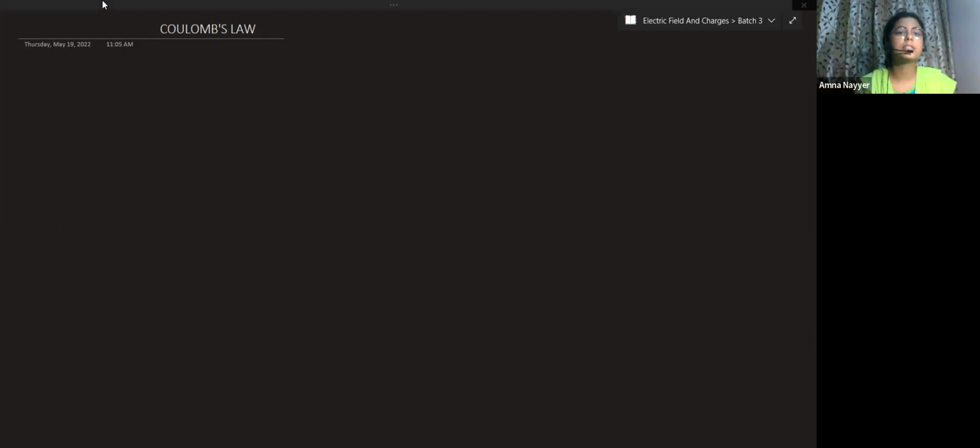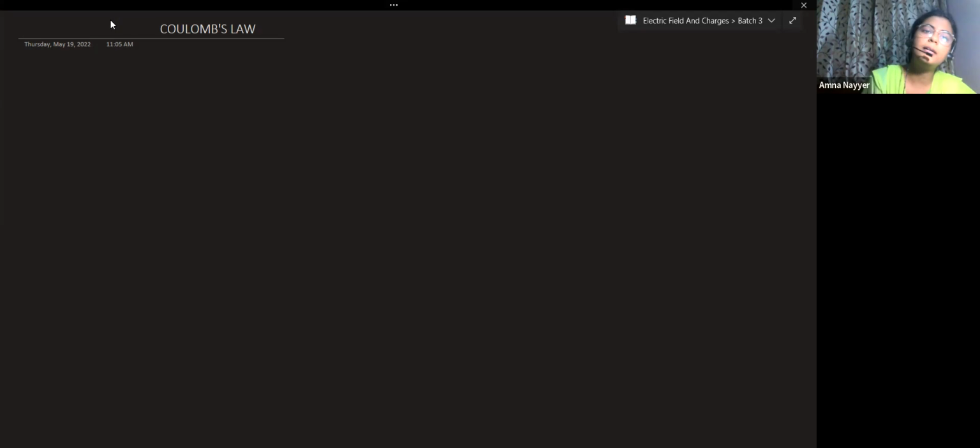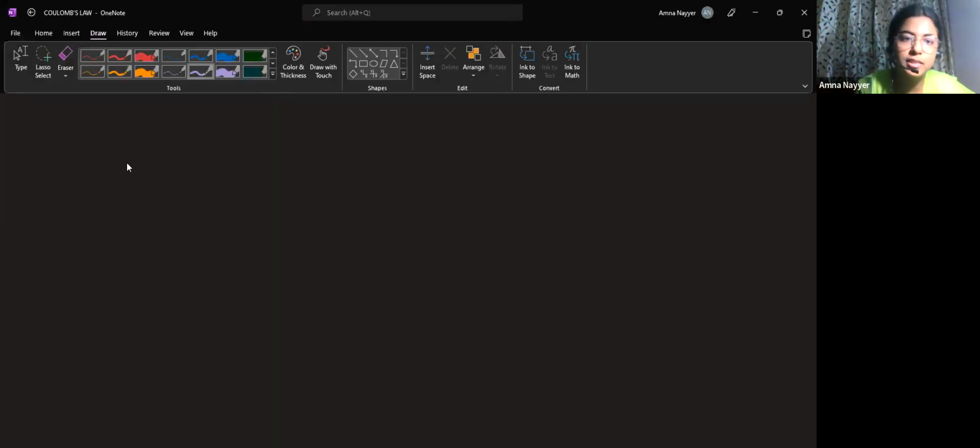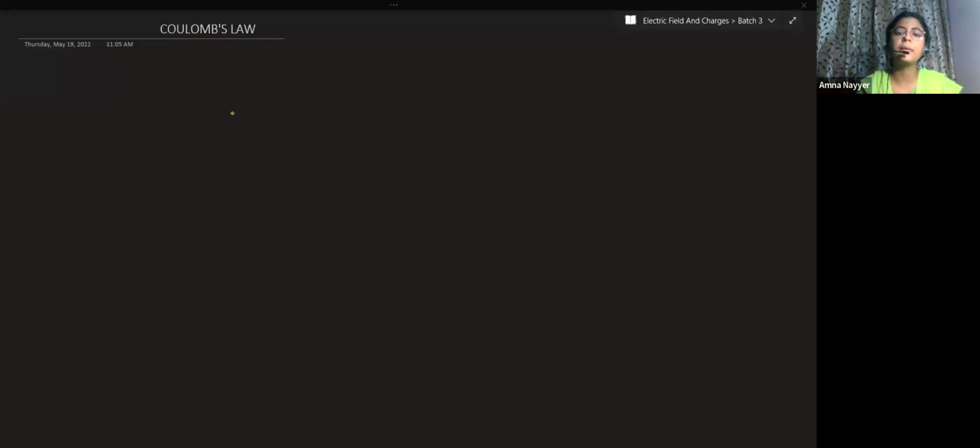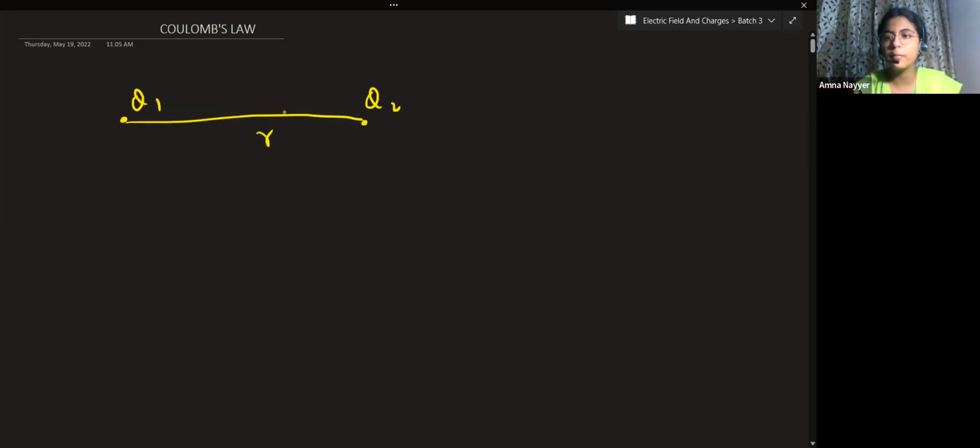Let's continue. So we had completed the basic definitions of electric charge. Now we are going to start Coulomb's law. What is meant by Coulomb's law? If you have two charges, let's say Q1 is one charge and Q2 is another charge, and the separation between these two charges is, let's say, small r.